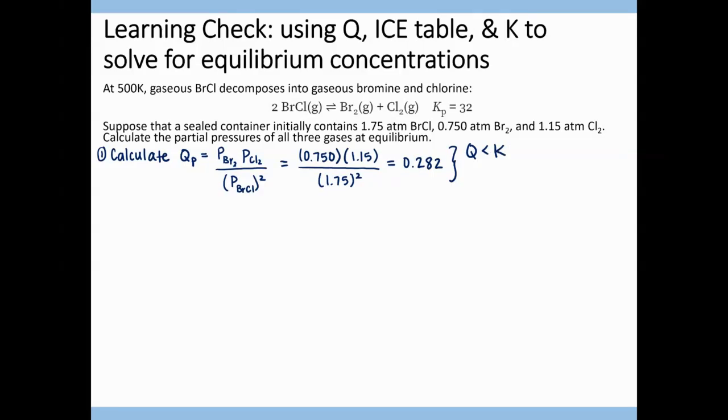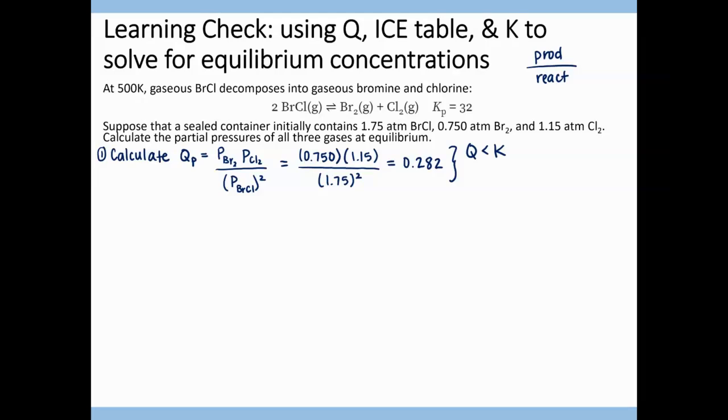Remember, Q and K are both products over reactants. So will the reaction proceed to the right to form more products and reach equilibrium, or to the left to form more reactants to reach equilibrium? I hear some different answers, so let's talk about it a little more. Q and K are both product over reactant. At equilibrium, the ratio of product to reactant is 32.